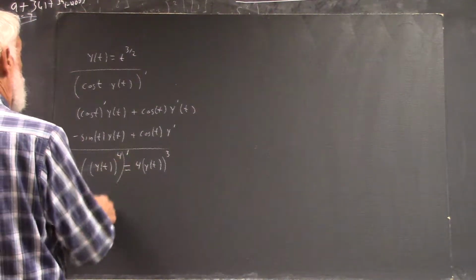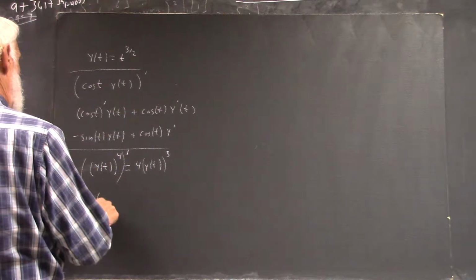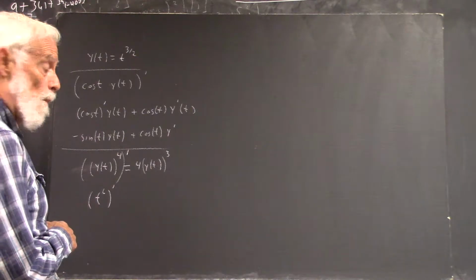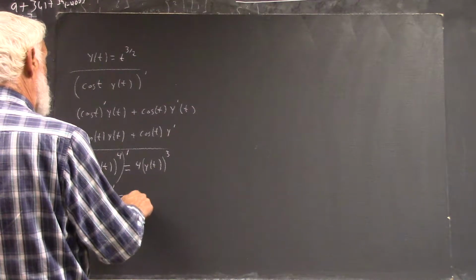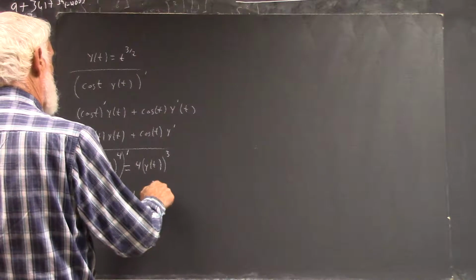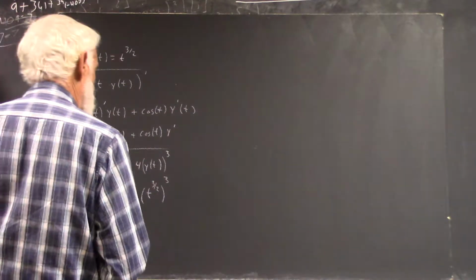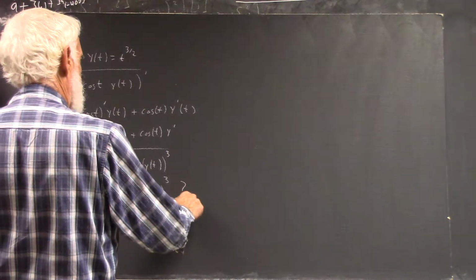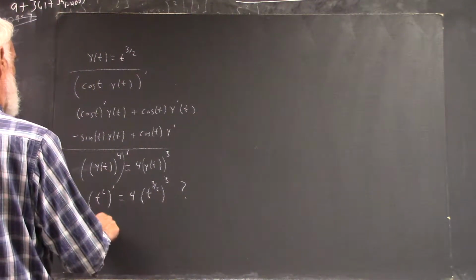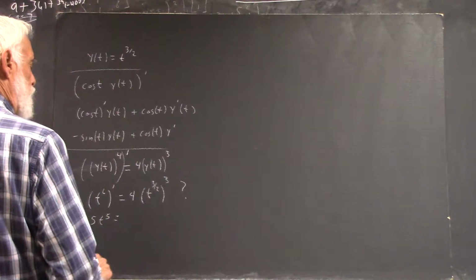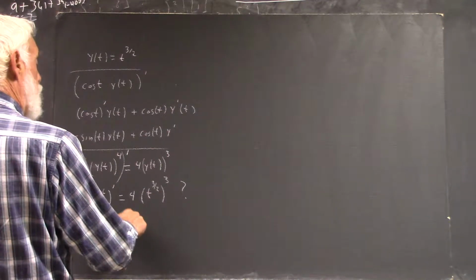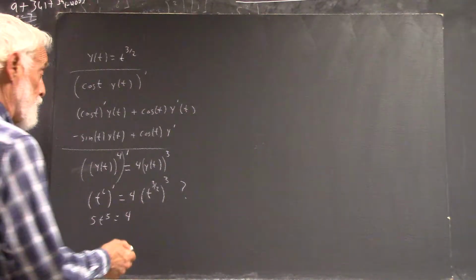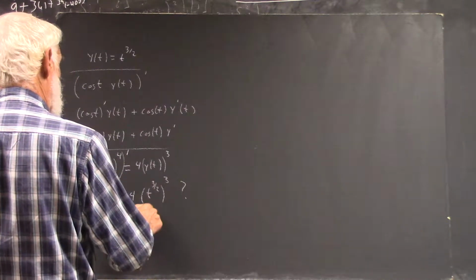Y of t to the 4th power is t to the 6th, right? Is that equal to 4 times t to the 3/2 cubed? Well, this is 6t to the 5th, and this is 4, not 5, okay, times t to the 9/2.